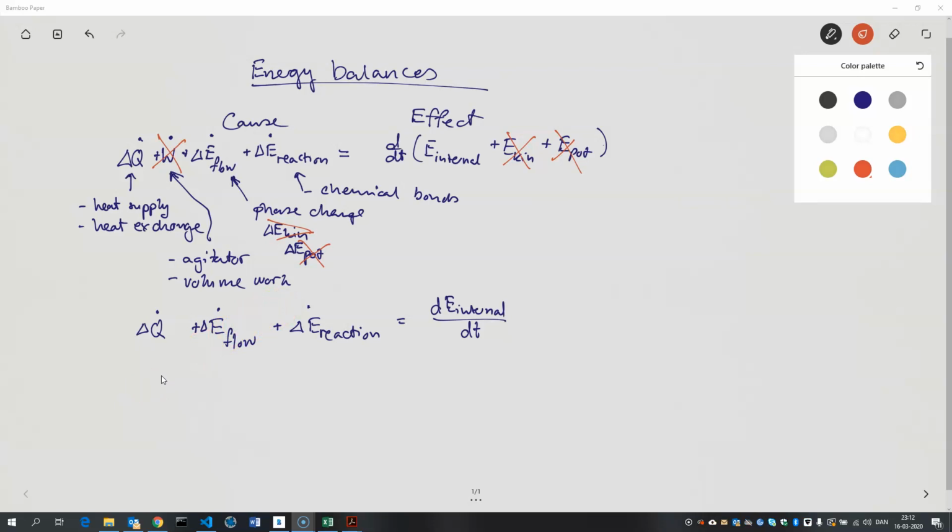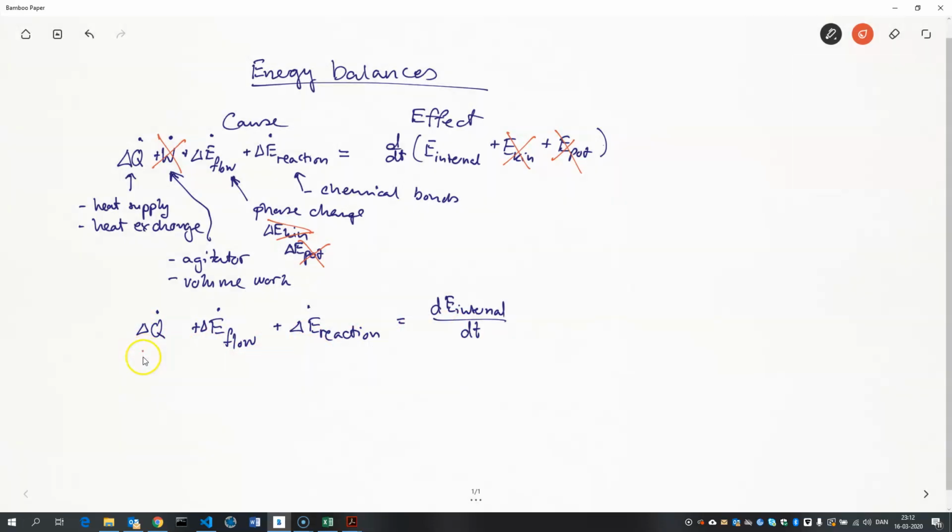And as always, we like to think of scenarios in which either of these terms vanish and become zero. So let's start with the first, the heat term here. Well, if we have what we call an adiabatic process, that means it's a process where heat is not exchanged with the surroundings. Well, obviously, this term then is zero.